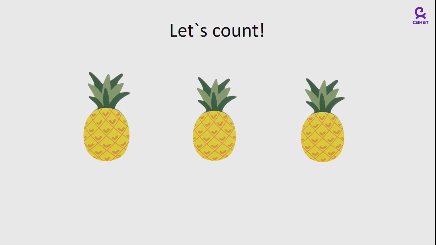Let's count. 1 pineapple, 2 pineapple, 3 pineapples. 3, good. If we can count things, they are called countable nouns. They have singular form, 1 apple, 1 pineapple, and plural form, 3 apples, 5 pineapples.